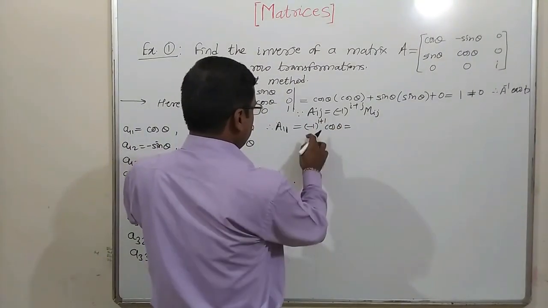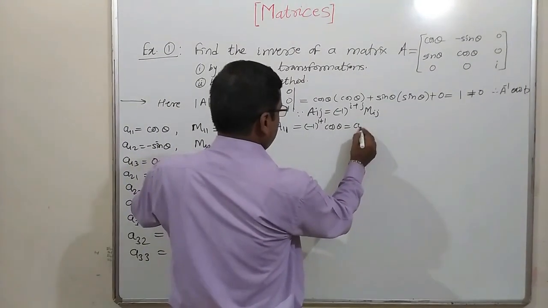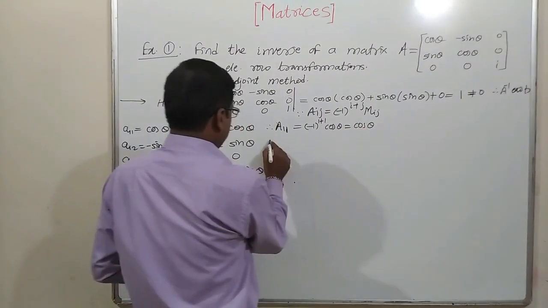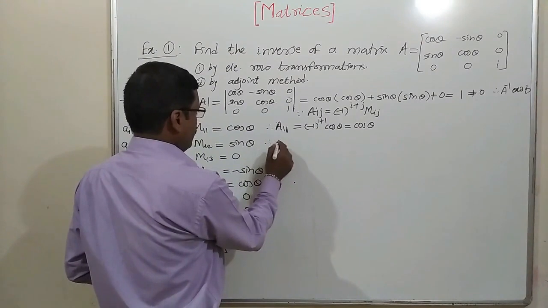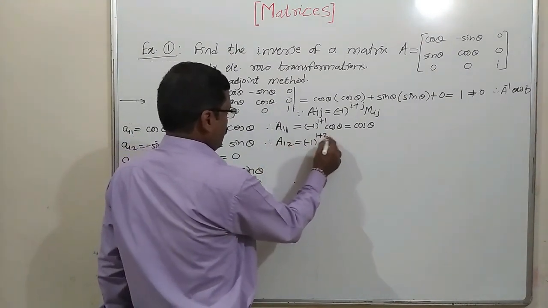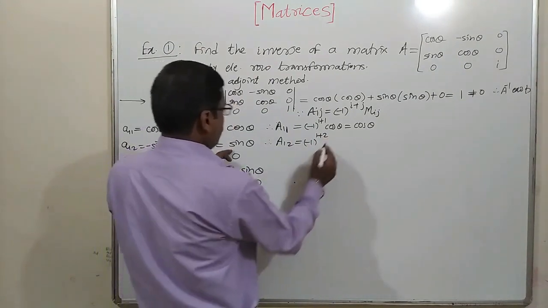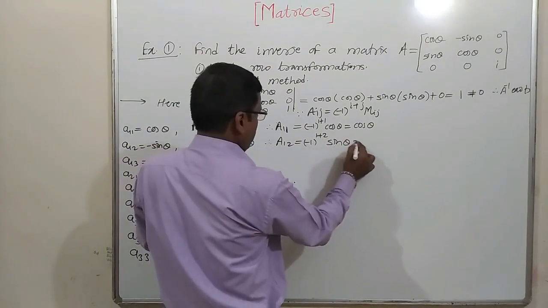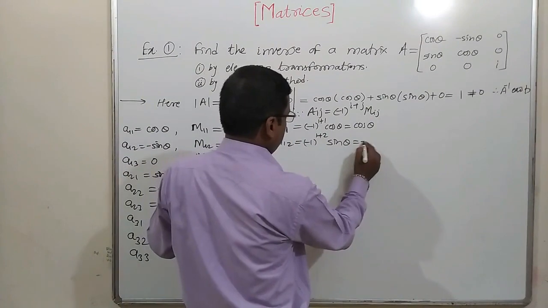So this is plus 1, so we get cos theta. Then next, A12 is equal to minus 1 raised to 1 plus 2 into minor, that is sin theta. Here is negative sign, so we get minus sin theta.